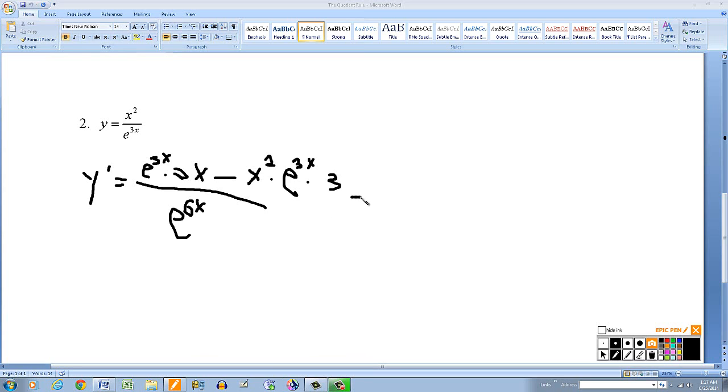Okay, so then you just simplify here a little bit. Notice this term has an e to the 3x. This one has an e to the 3x. So if I factor that term, e to the 3x, I can divide out with e to the 6x. So this would leave me downstairs e to the 3x.